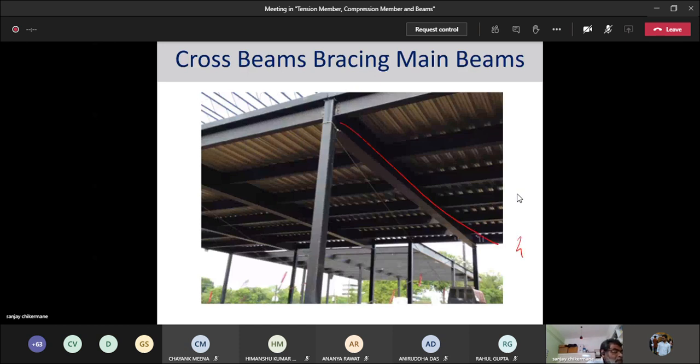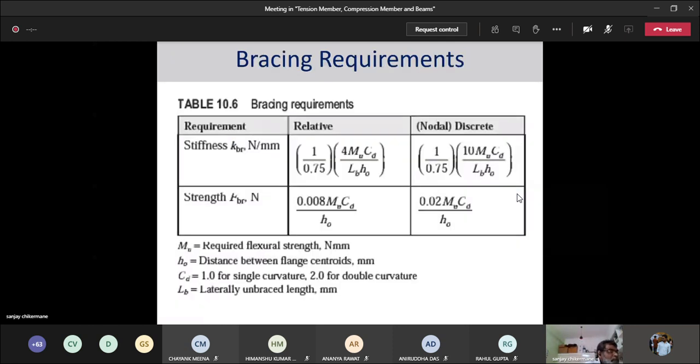You can see these are your main beams, and you can see these are your bracings. Is this making sense? Yes, sir. Okay. So these are the cross beams, bracing, main beams. Bracing requirement.